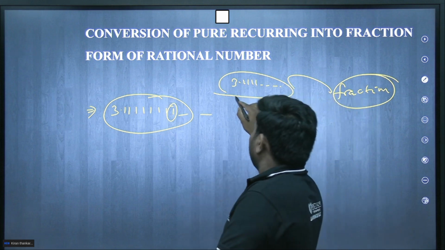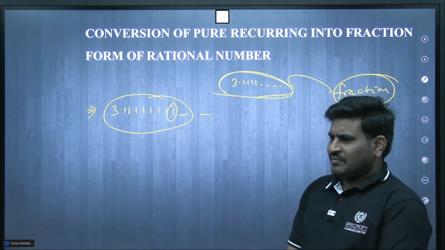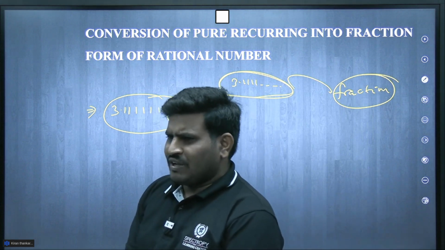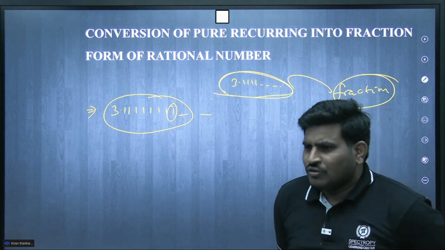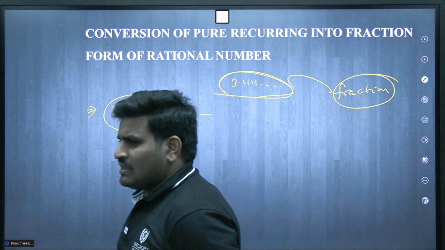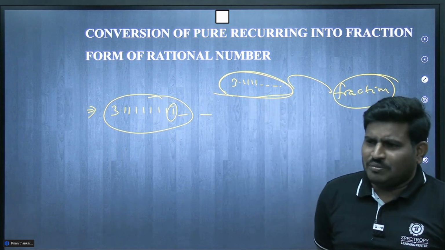The decimal number 3.111 comes from fractions only; without a fraction it can't be a decimal number. So that number also we can convert to a fraction or rational number.